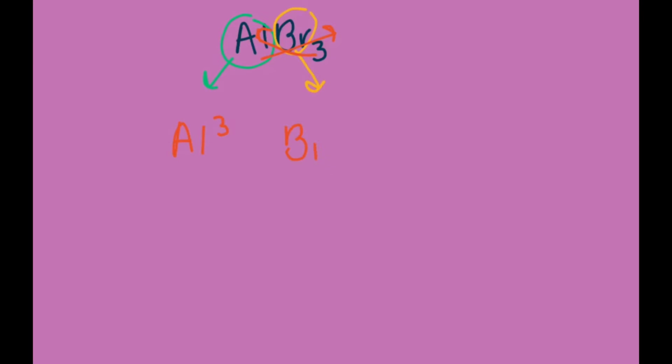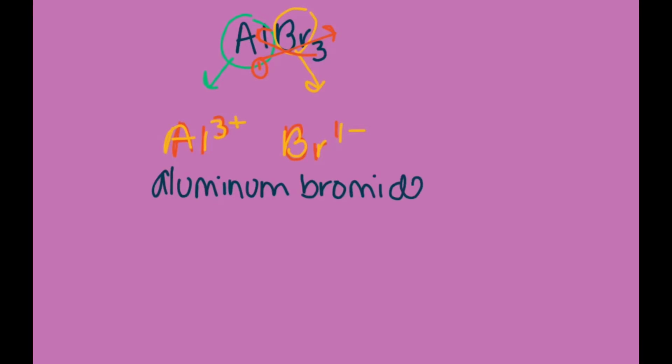And Br will take the charge of 1, since there is an imaginary 1 under the bromine. The 3 from the bromine would go to the aluminum as the positive charge, and the 1 will be the negative charge. And then when naming them, we'll use the same rule, where aluminum will keep its name as aluminum, and the nonmetal will take the ending -ide, making it aluminum bromide.